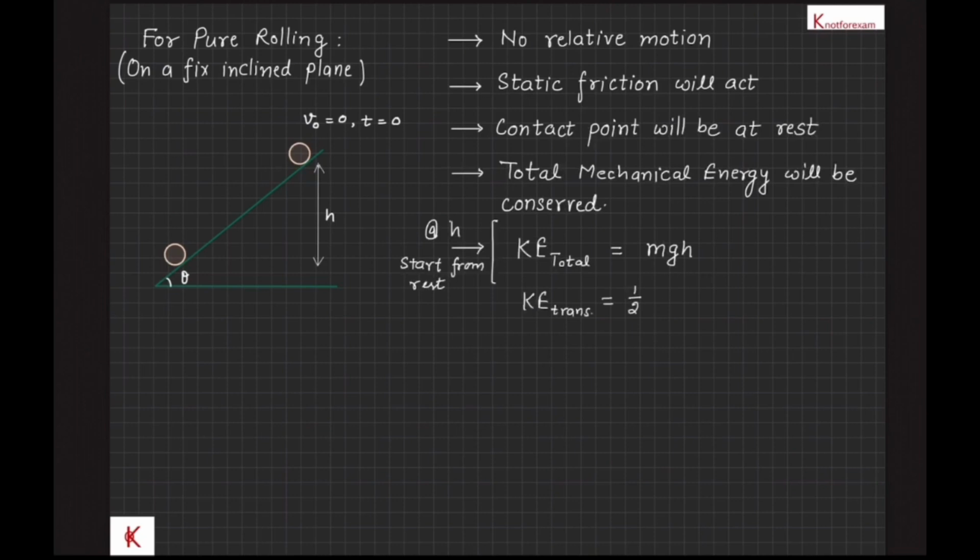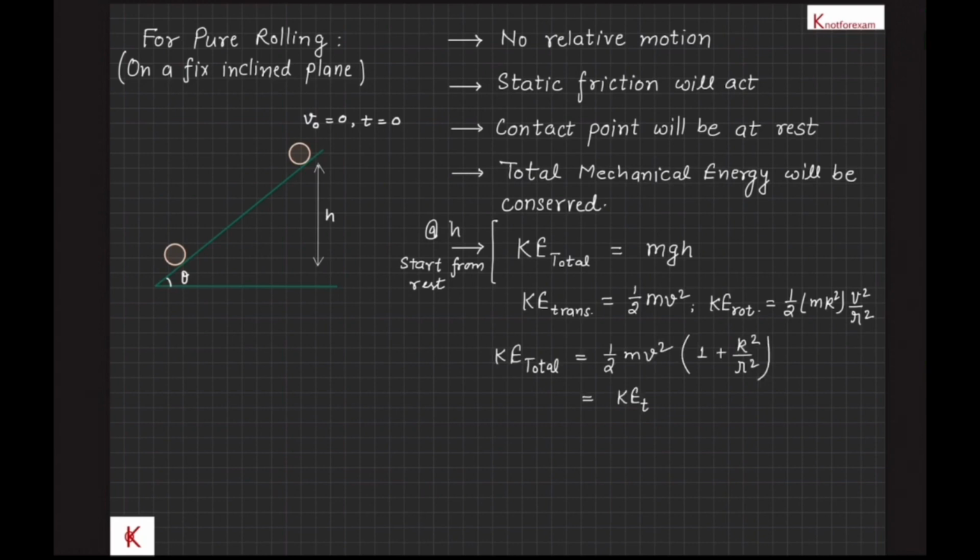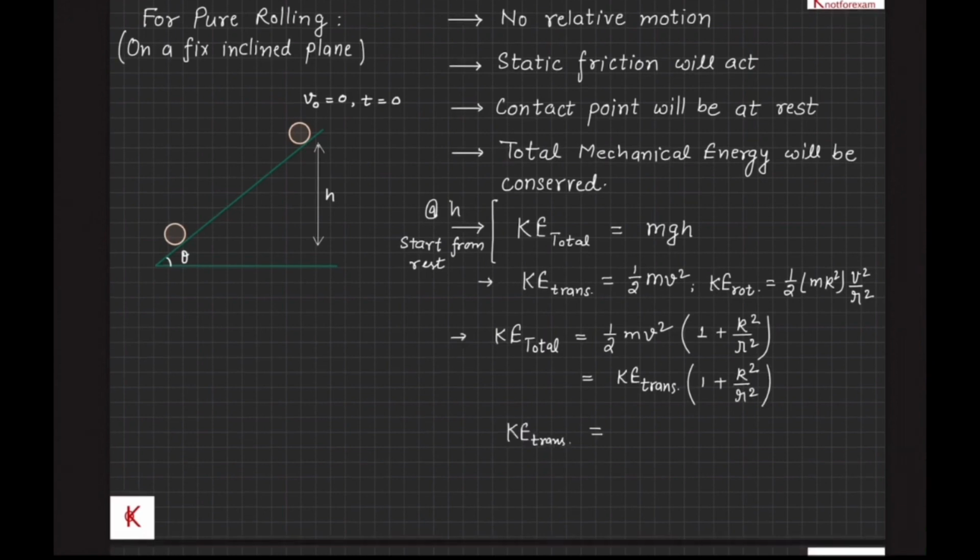And if initial velocity is 0, then translational kinetic energy at bottom is 1/2 mv square, and rotational kinetic energy is 1/2 I omega square, that is 1/2 mk square into v square by R square, and therefore total kinetic energy is 1/2 mv square into 1 plus k square by R square, or kinetic energy of translation into 1 plus k square by R square, that is equal to mgh. Therefore, kinetic energy of translation is equal to mgh upon 1 plus k square by R square. And we can see that if radius of gyration is larger, then kinetic energy of translation is comparatively smaller and kinetic energy of rotation will be comparatively larger.